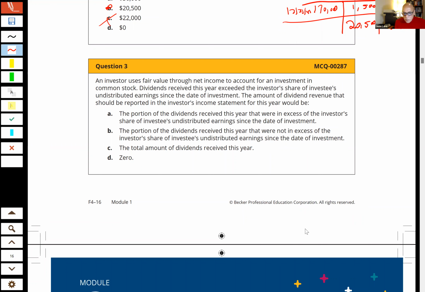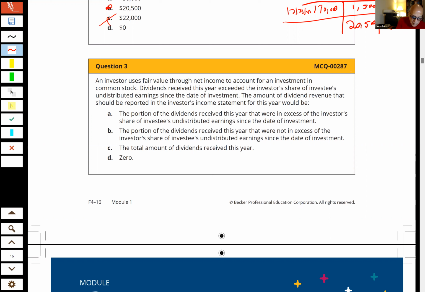Okay, it looks like most of us have had a chance to look at this one, and we're coming up on 2 minutes now. So I'm going to share the results, and almost everybody got this right. You take a look, and they say that an investor uses fair value through net income. Dividends received this year exceeded the investor's share of the investee's undistributed earnings since the date of the investment.